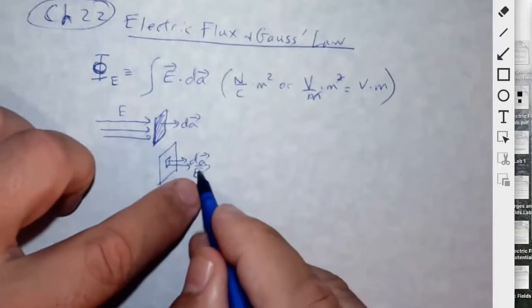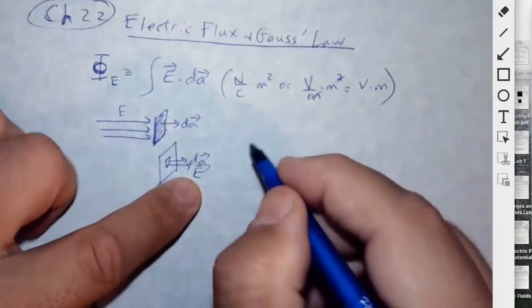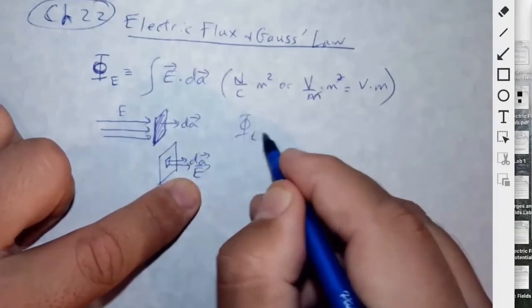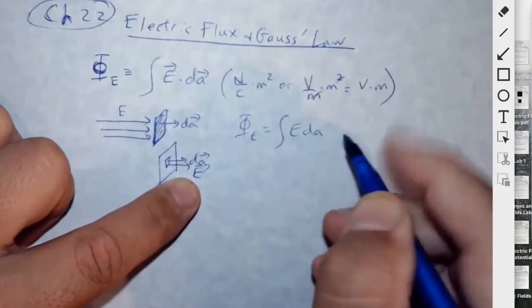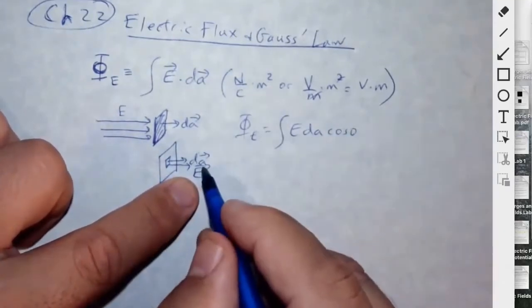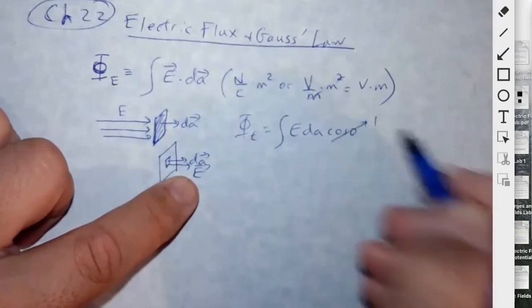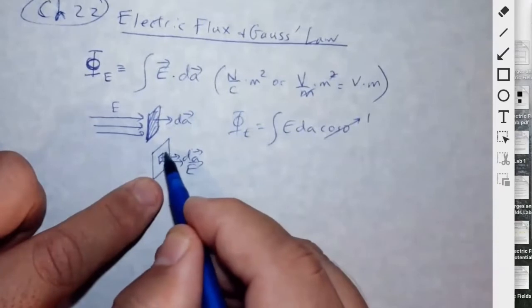So if they're in the same direction, then the dot product is just going to be E dA. In this case, E dA cosine 0, and cosine 0 is 1. Then you're integrating the electric field along all those areas.